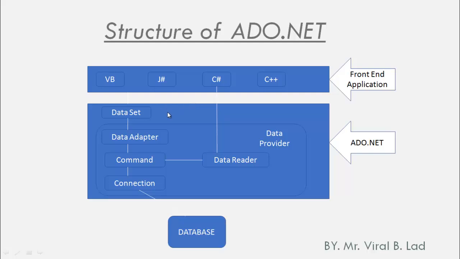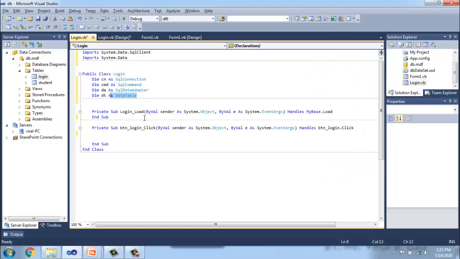Data table is one of the classes of data set. So data adapter moves data to data table. Our data is first in the database, it moves to the data adapter, and the data adapter moves it to the data table, which is the class of data set.